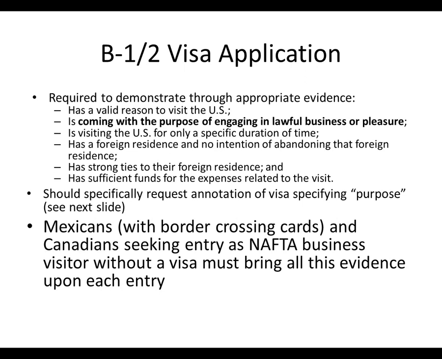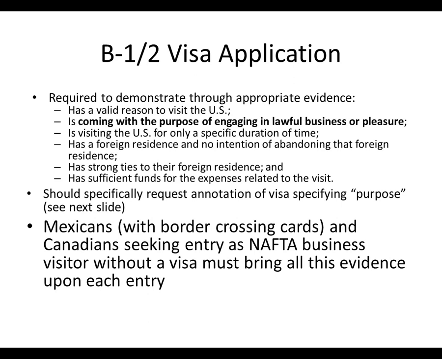Things like that. The types of evidence that you would have to show for the B1, B2 visa application, like Adam mentioned already, are the 5 principles of overcoming the immigrant intent. This is just a different way of saying them, but the most important, as I've bolded there, is coming with the purpose of engaging in lawful business or pleasure. And that lawful business or pleasure, on the one hand, is all those subcategories that we went through that are allowed, but also, more importantly, are lawful.